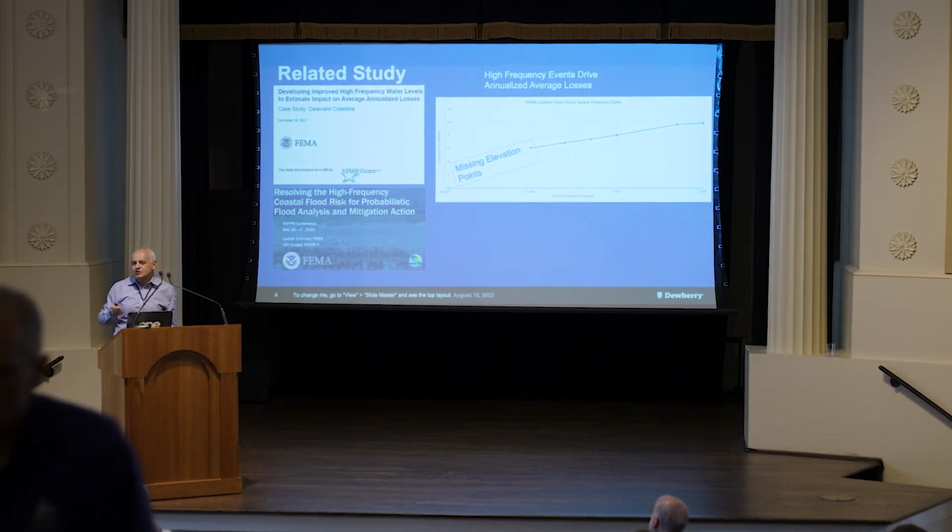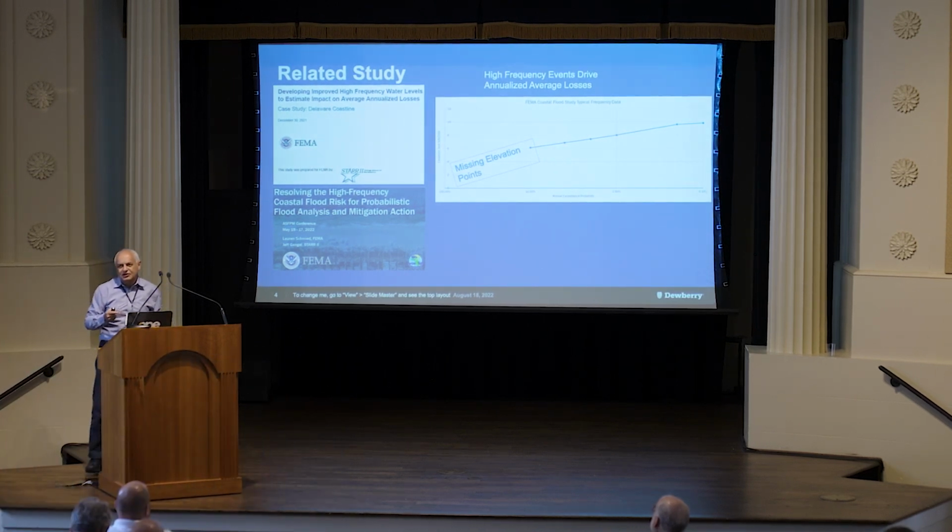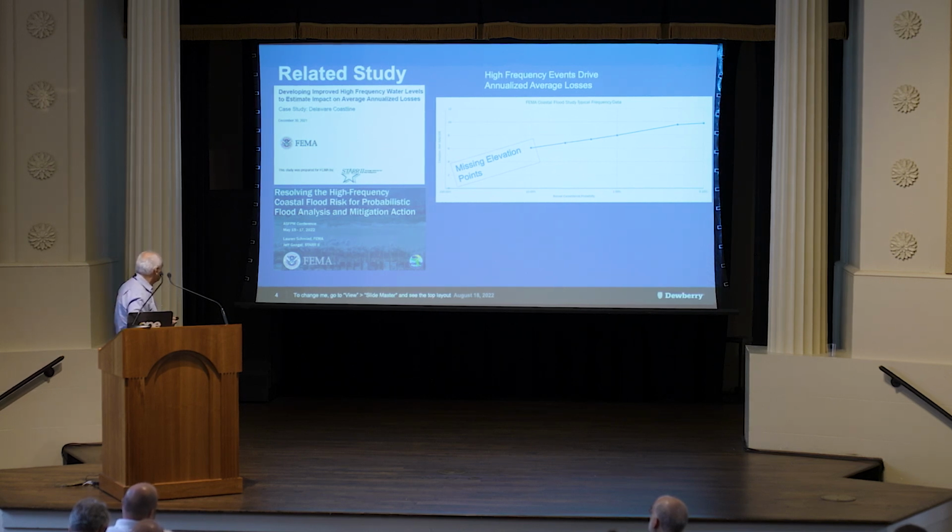Average annualized losses is another instance where a knowledge of 1-year coastal elevation would be very beneficial. And that study was followed by a presentation by my colleague, Jeff Gangai, along with Lauren Schmidt of FEMA. The title was Resolving the High-Frequency Coastal Flood Risk for Probabilistic Flood Analysis and Mitigation Action.